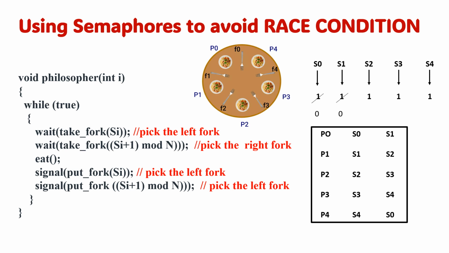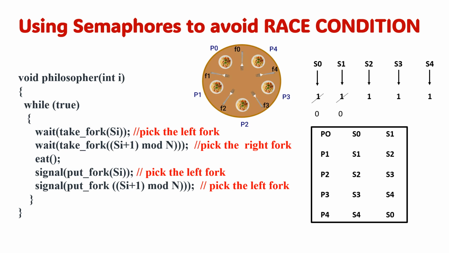So P0 requires S0 and S0 plus 1, that is 1 mod 5, which is 1. So philosopher P0 requires semaphores S0 and S1. It will reset the value of S0 and S1 to 0 and enter into the critical section, and it will start eating.